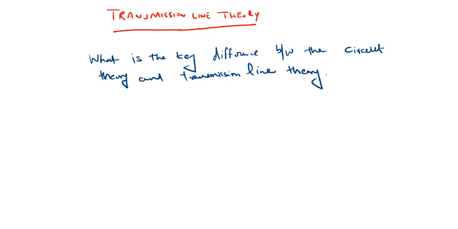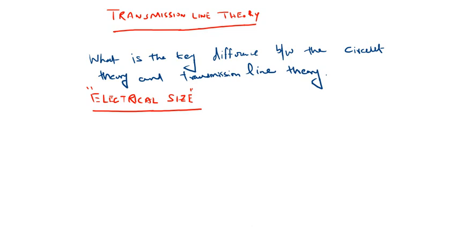The key difference is basically electrical size. So this is a very important term and it differentiates between circuit theory and transmission line field theory.